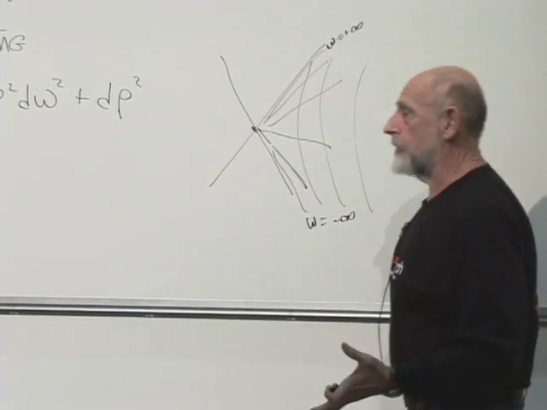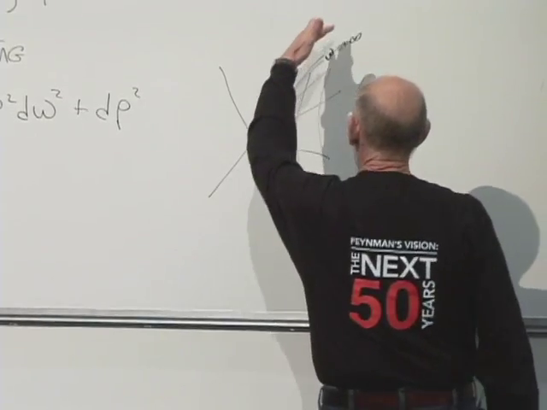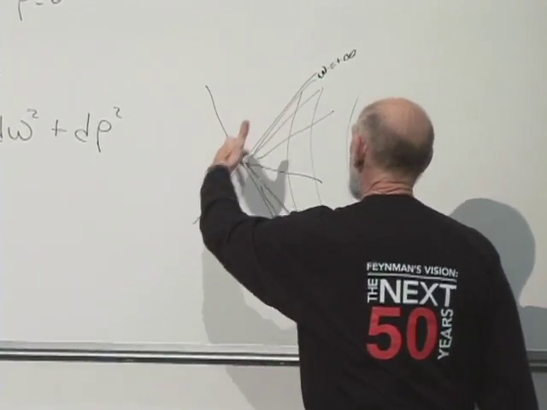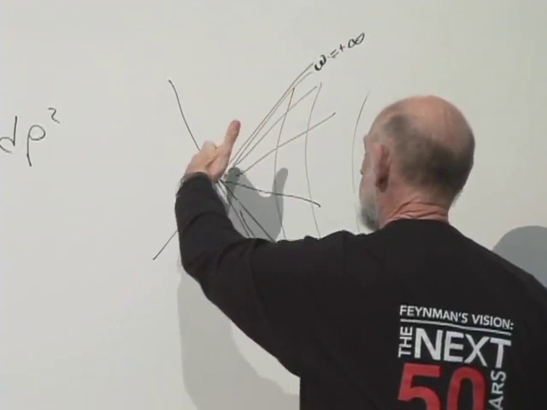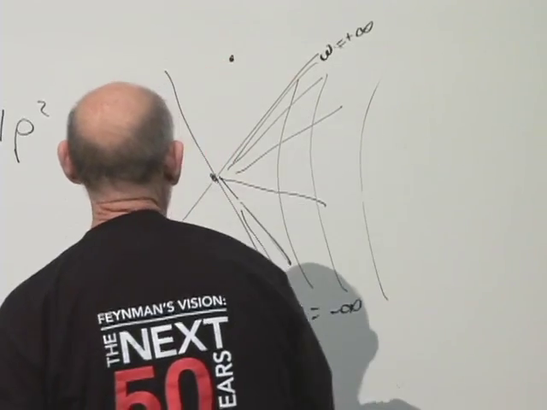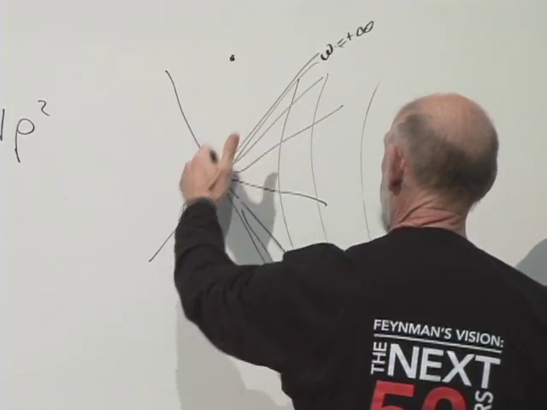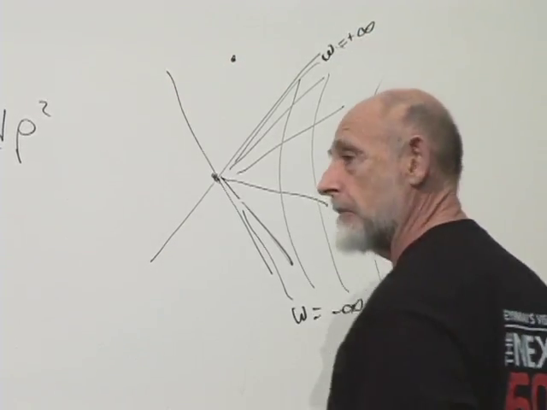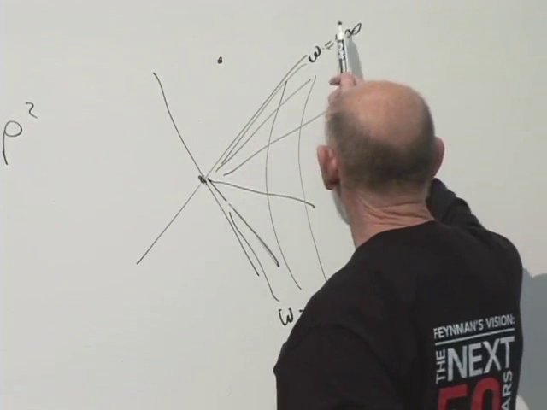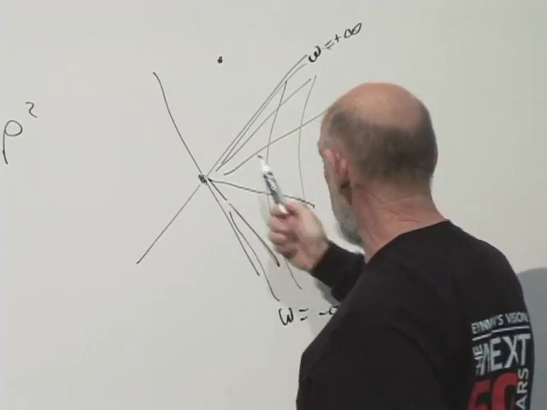But there's another notion of horizon. The other notion of horizon is a more physically interesting one. It's this whole light-like surface here. Why is that interesting? Well, if somebody gets stuck behind that light-like surface, they cannot send a message to the outside. They cannot send a message out beyond that light-like surface.